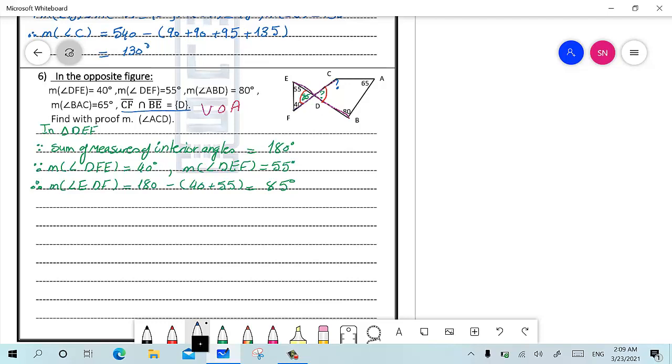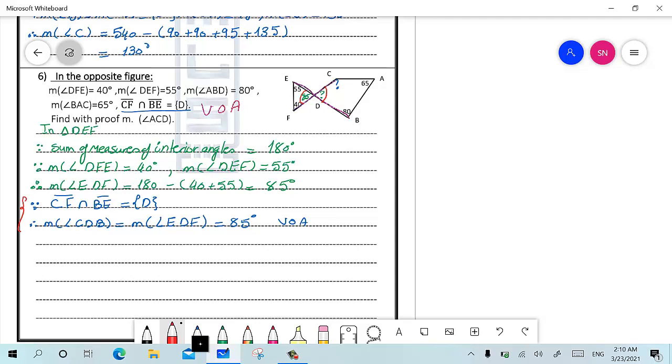Since the two lines are intersecting, since CF intersects BE at point D, therefore measure of angle CDB is equal to measure of angle EDF equal to 85 degrees, vertically opposite angles. So those two sentences we always use to write a proof that we have vertically opposite angles.